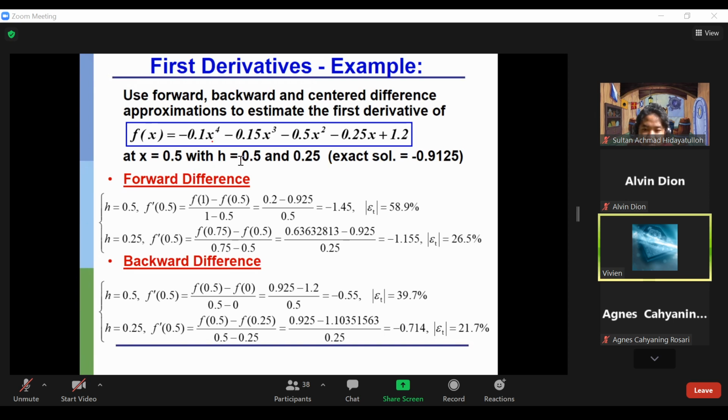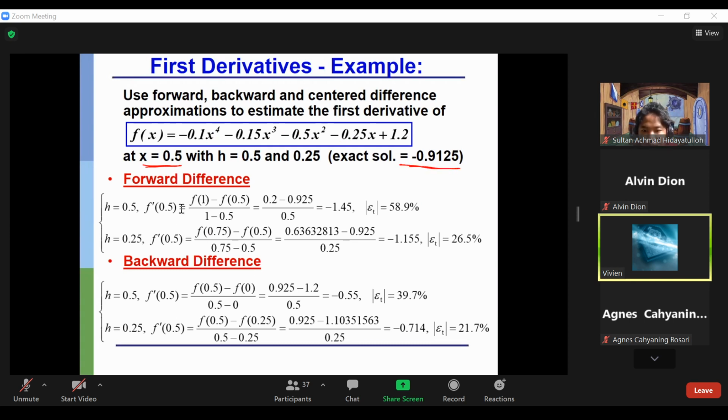If you want to find the first derivative, you can directly find it, which is minus 0.4 x to the power of 3 minus 0.45 x squared minus 1 x minus 0.25, and then we can directly insert the position of x into the equation. So directly we have the exact solution.